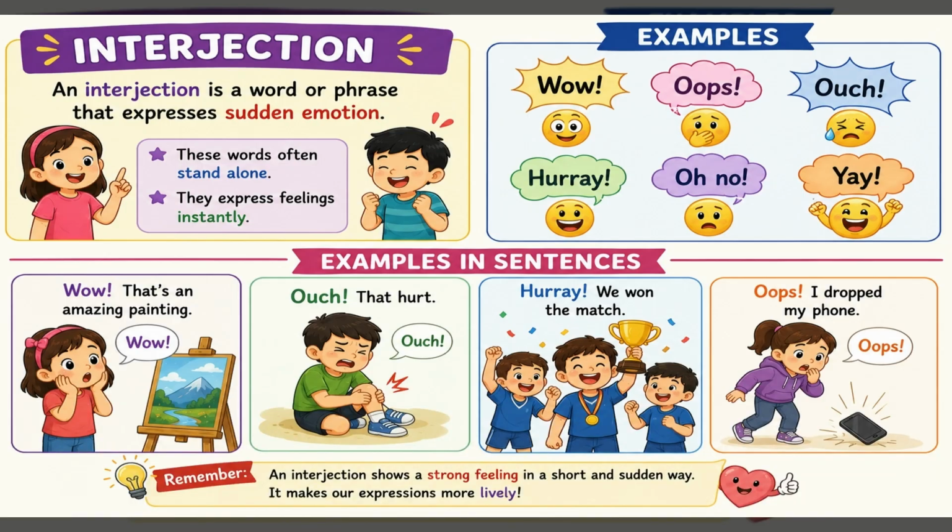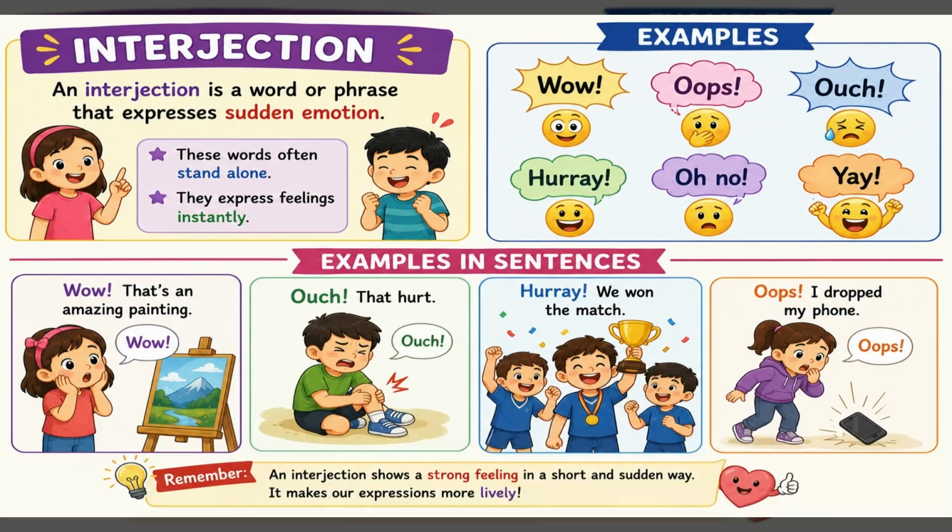Think about the words we naturally say when something unexpected happens. Wow! Oops! Ouch! Hooray! Oh no! Yay! We often say these words without even thinking. They immediately express what we are feeling.